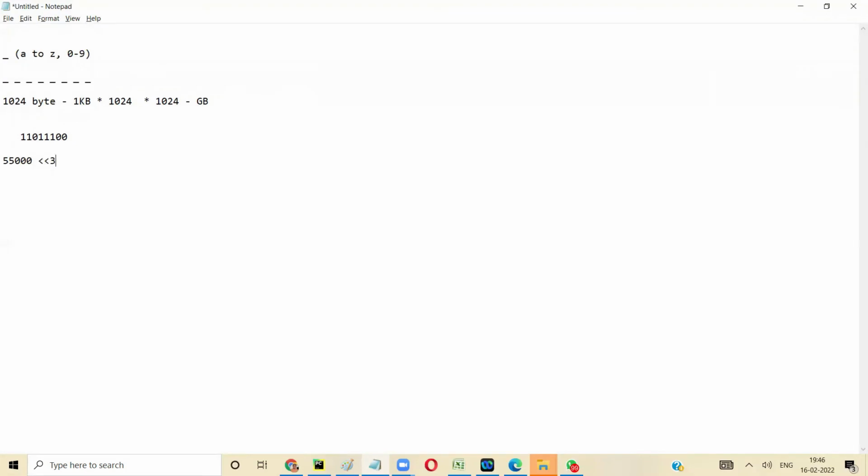So it goes 2, 4, 8, 16, 32, 64, 128, 256, 512, 1024, and so on. You are multiplying the output by 2, then into 2, then into 2.